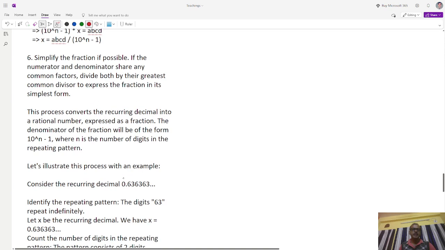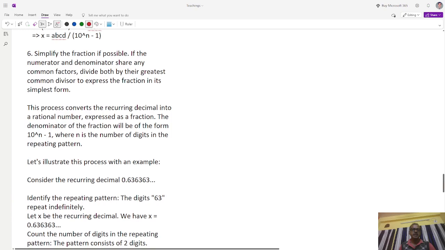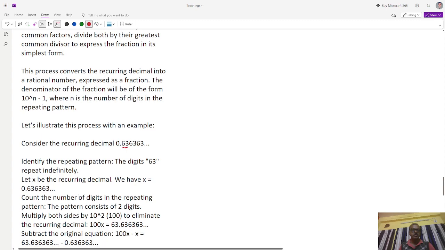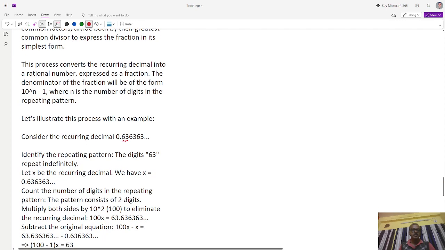Now, let's illustrate this process with an example. Consider the recurring decimal 0.636363, right? So, these 2 digits are repeating. So here x equals 0.6363 repeating, with 2 digits repeating.